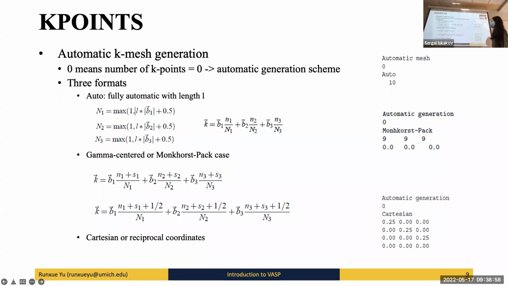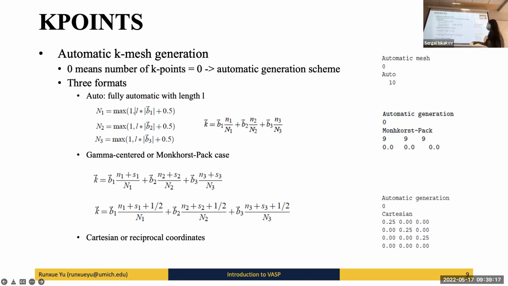And we have three formats. The first one is the fully automatic format, with the length L. So you can see it here. Yeah, so it will generate N1, N2, N3 from this and do the K mesh here.